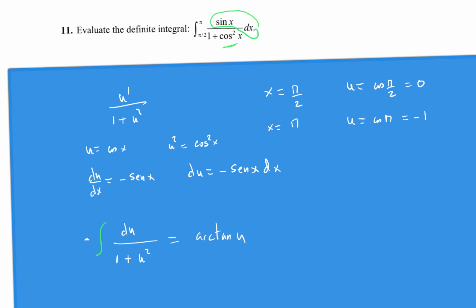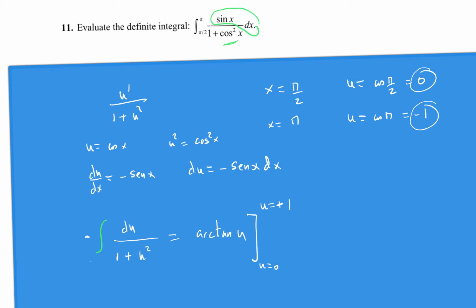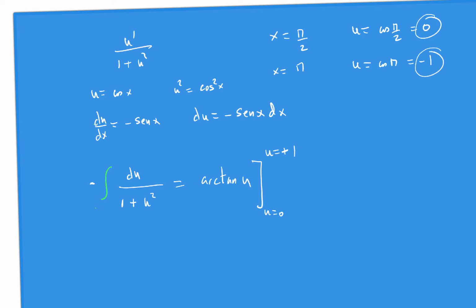So the integration goes from u equals 0 to u equal minus 1. So this is minus arctangent of u.